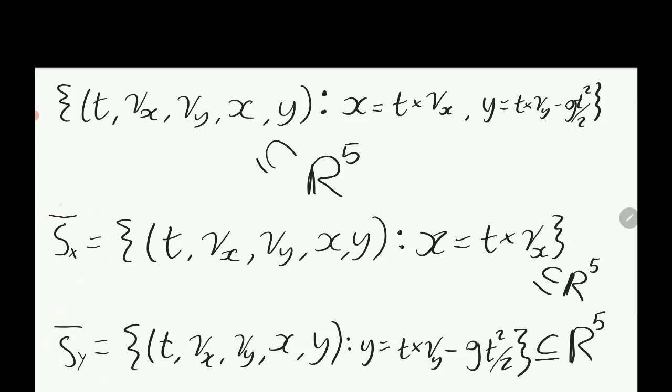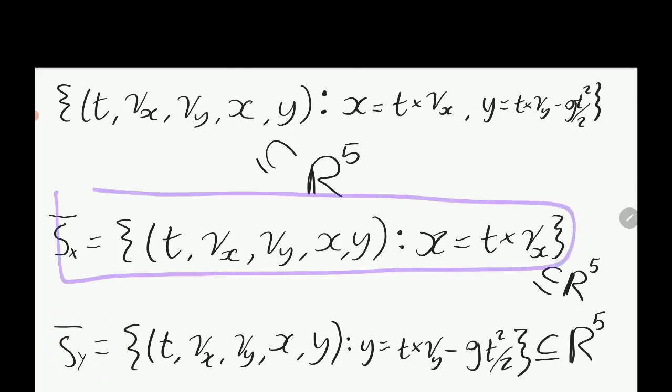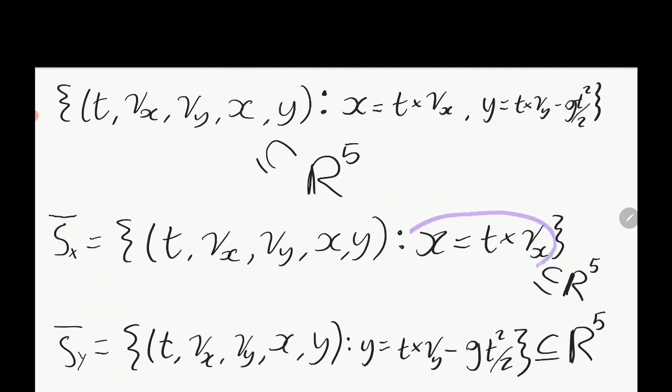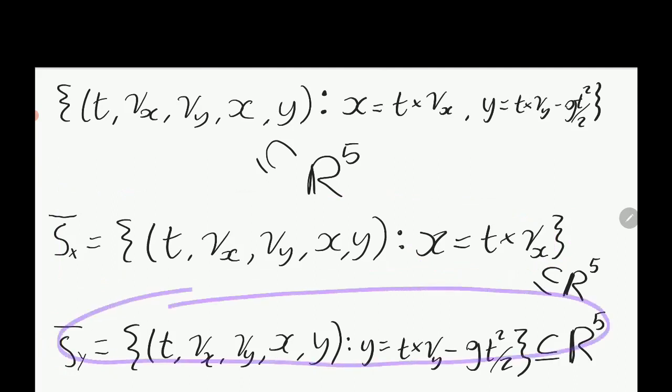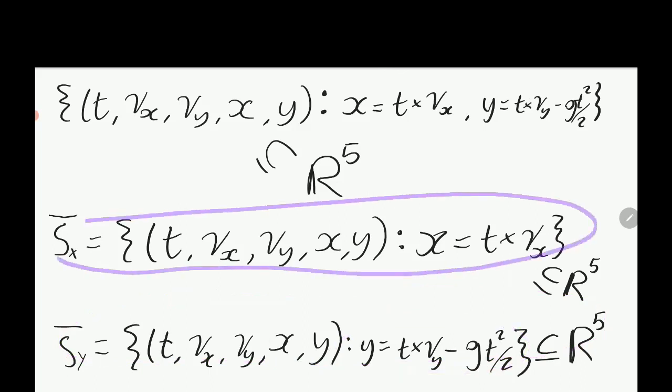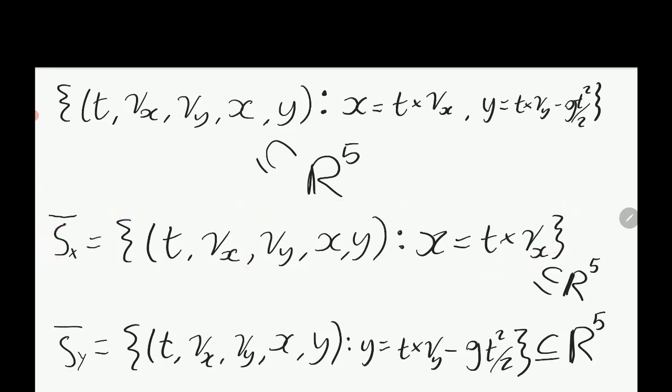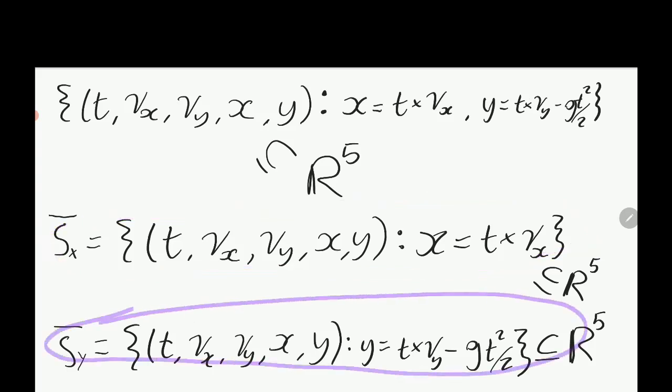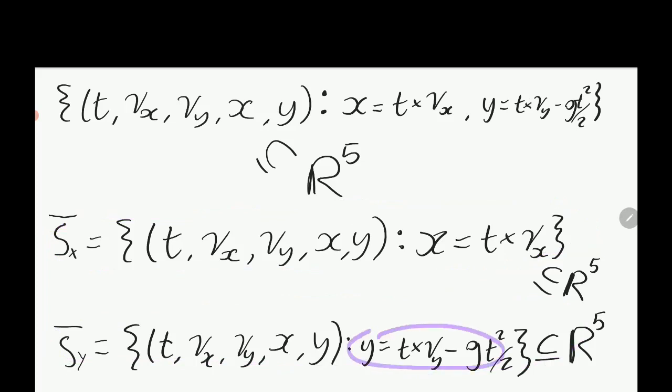Why? Well, because these are the five tuples which are satisfying our first equation, and these Sy bar, these are our five tuples which are satisfying our second equation. So these are the five tuples where our idea of horizontal motion makes sense, and these are the five tuples where our idea of vertical motion makes sense.